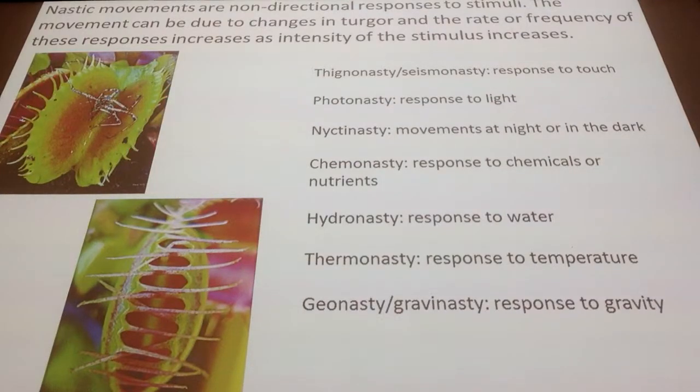Normally the leaves would be like this, and then it will close, right? It will close. Where did the signal come from? The signal comes from the interaction between the plant cell and the insect. That's where the signal is, right? It closes. How does it close? By changing osmotic pressure, by the change in the amount of water in the central vacuole.